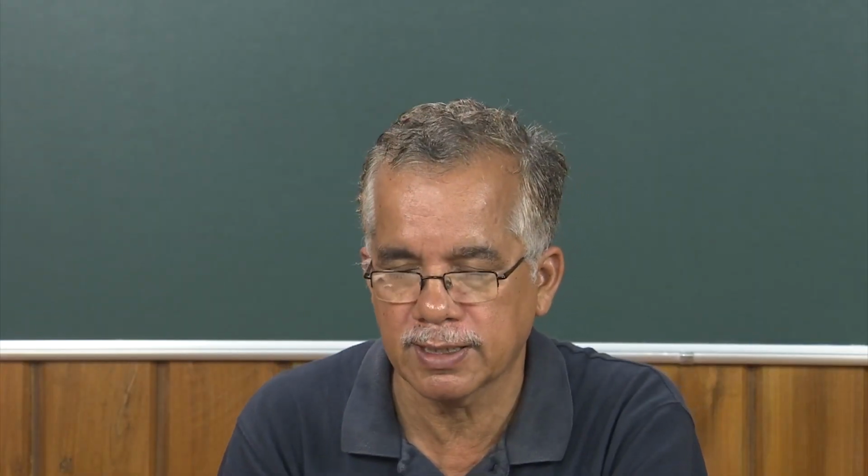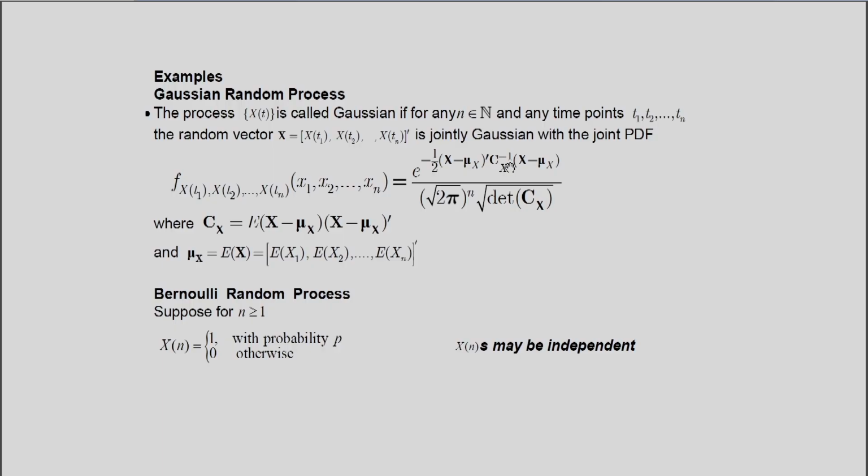If I independently toss a coin, and I am interested in one outcome, suppose head, then I can take this as 1 and tail as 0. So that way we can define a Bernoulli random variable, and if I repeat the toss at different times, then we will get a sequence of Bernoulli random variables, or it is called the Bernoulli random process, and in this case the actions are independent.